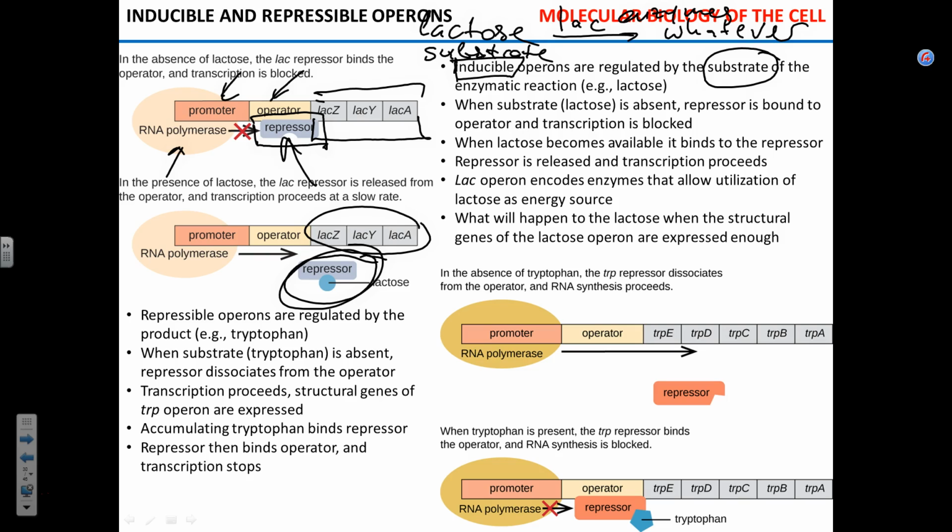Now, what about operons that are controlled by the product? We're going to use tryptophan operon as an example. When there is no tryptophan, RNA polymerase can and will transcribe the genes responsible for its synthesis.